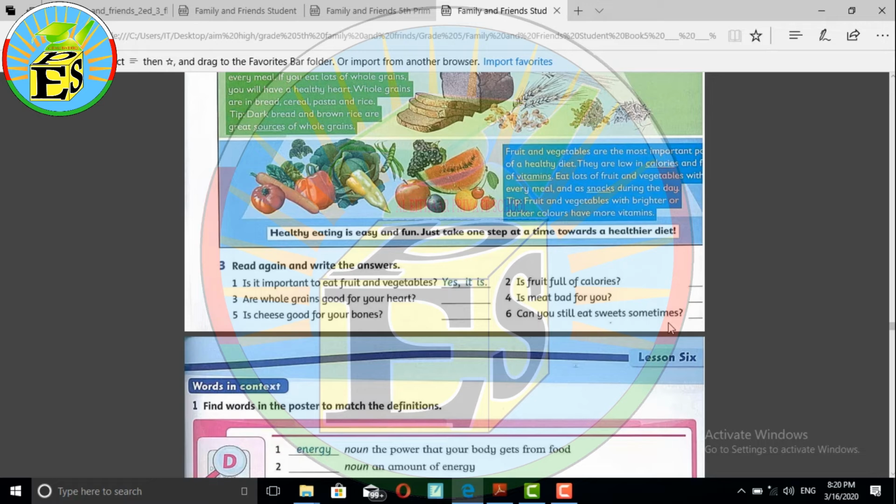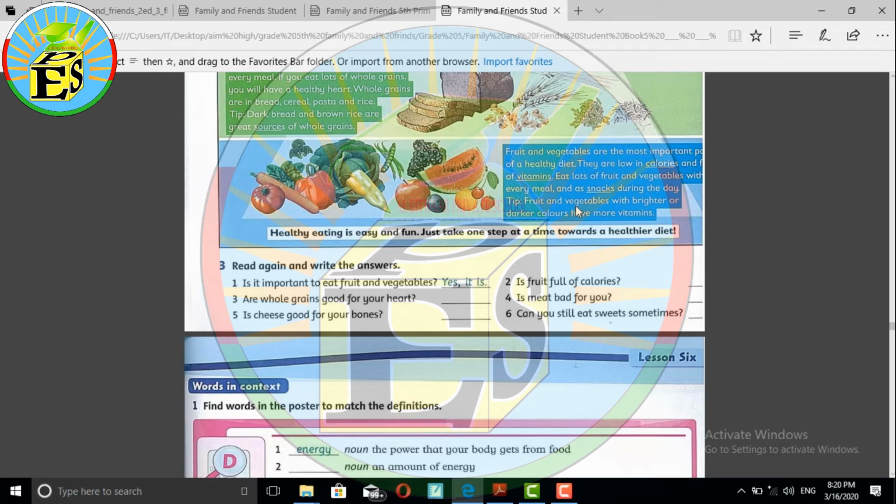Now we finish our lesson in the class book. Okay? I want to ask you, did you enjoy our lesson? I think you enjoyed it, because the writer of the book speaks about the food and what are the healthy foods for us. Also, he refers to the quantities of each food we have to eat.